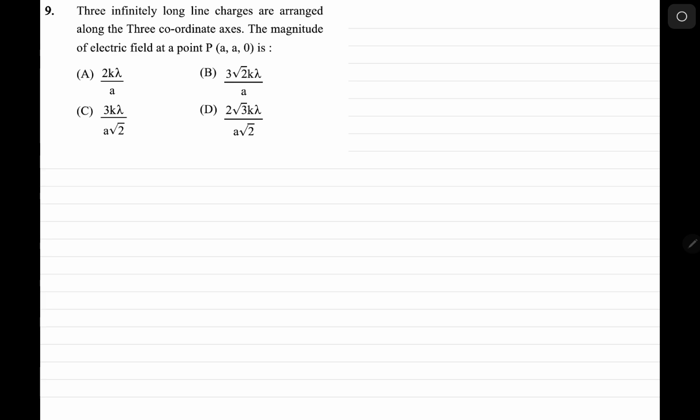Next question, question number 9. Three infinitely long line charges are arranged along the three coordinate axes. The magnitude of electric field at this point. So three infinitely long, one is along the x-axis, one is along the y-axis, one is along the z-axis. This one you just need to somewhat imagine here. For the z-axis I'm just drawing a cross here.